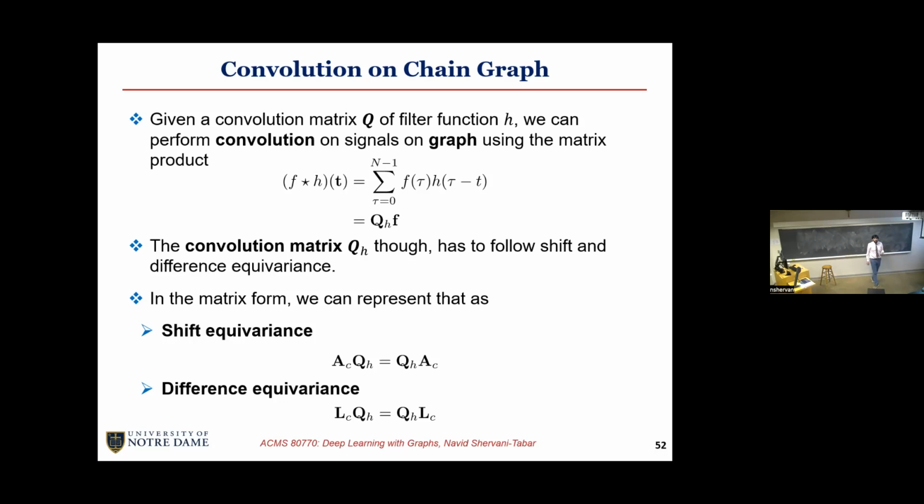Now I'm going to define the same idea for the difference operation. If I want my matrix QH to be equivariant with respect to the difference operation on circular graphs, it should be able to commute with the Laplacian, the circulant Laplacian. That means that LC QH should be equal to QH LC, and both of them should have the same result.